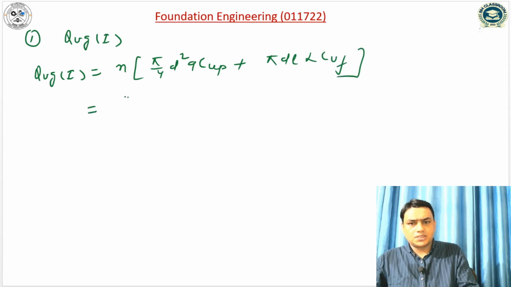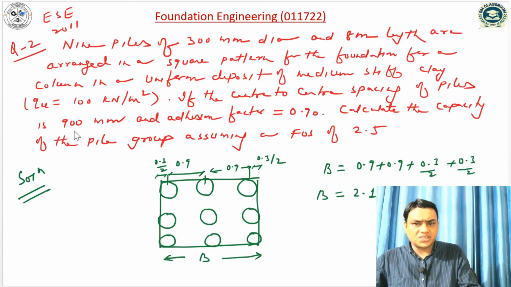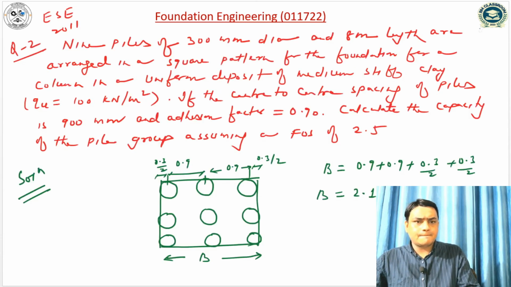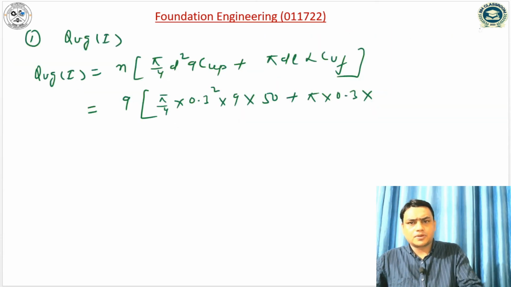So the number of piles is 9 into pi by 4 into diameter 0.3 into 9 into 100, cohesion is the same, it will be 100 by 2, so it will be 50. So 50 plus pi into diameter 0.3 into length of the pile, 8 meter, into alpha which is 0.9, so 0.9 into C_UF which is 50.